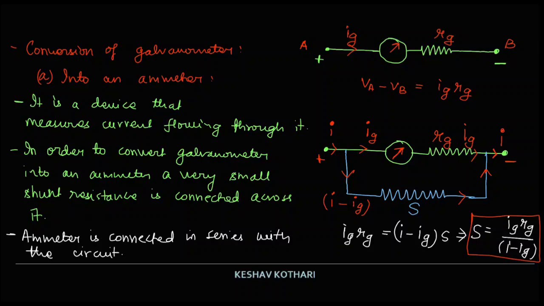Now we shall discuss the conversion of the galvanometer into a voltmeter. So we are discussing part B, into a voltmeter. So if we consider this, I am once again drawing the basic arrangement of the galvanometer.